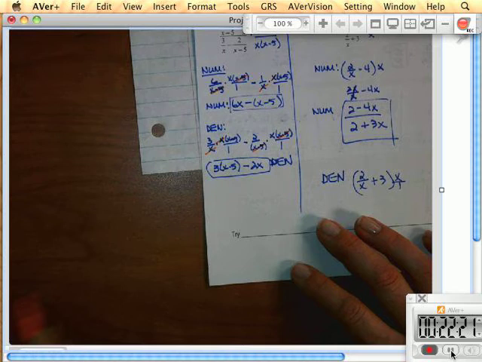And then you can make it pretty. 6x take away x is 5x plus 5 over, this just becomes x minus 15. That's a doozy. All right, I know that was a lot of fun.